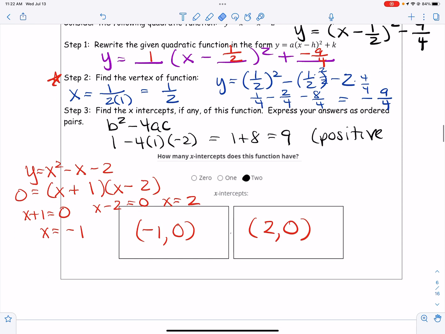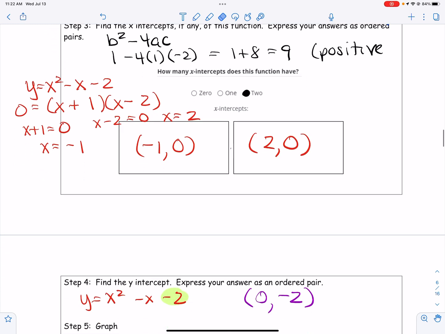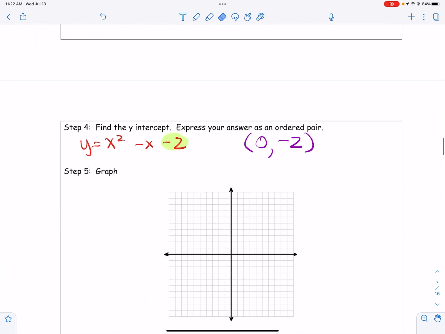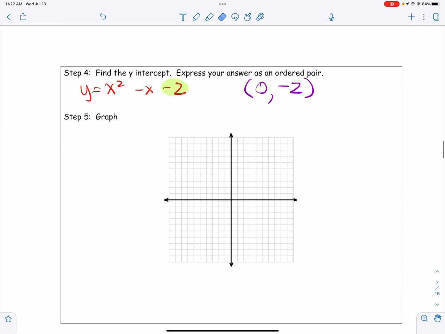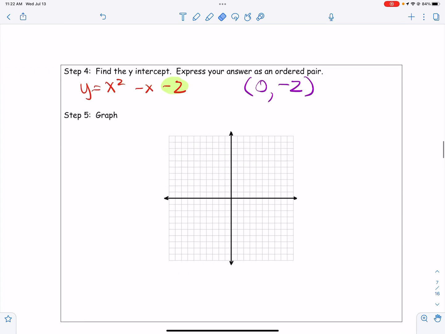1/2 and negative 9/4. So what I'm going to do is I'm going to cut this into halves and fourths. So I'm going to go, let's do this. 1, 2, 3. So that's going to be 1. 1, 2, 3. That's going to be 2. 1, 2, 3. That's going to be negative 1.